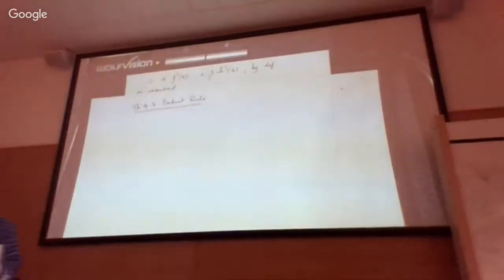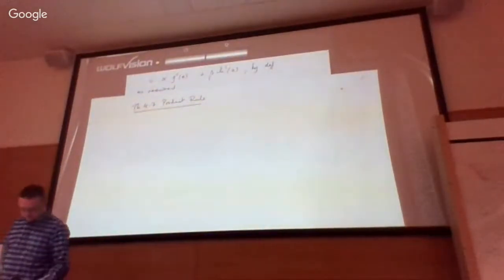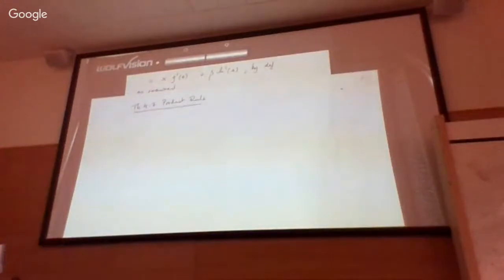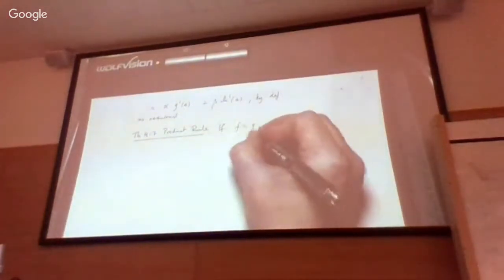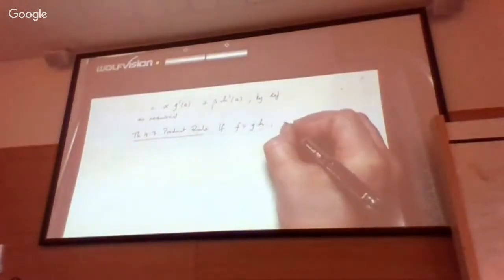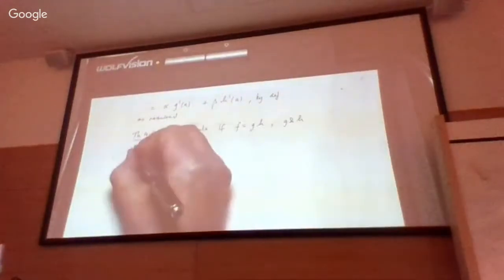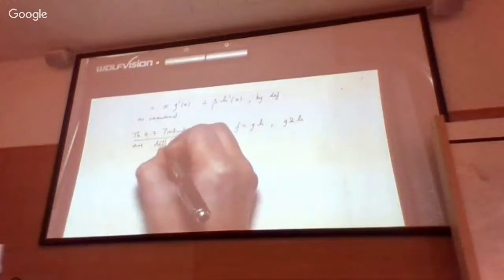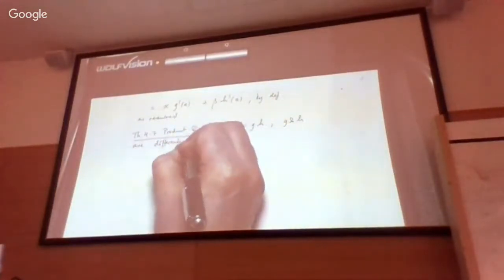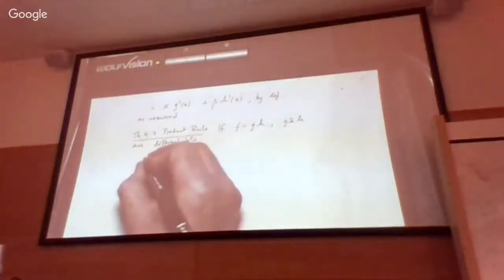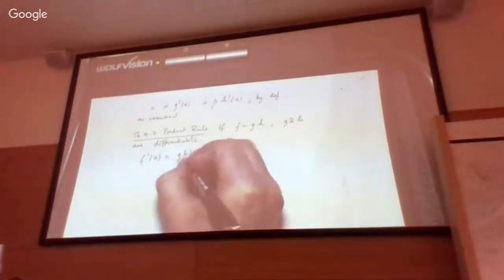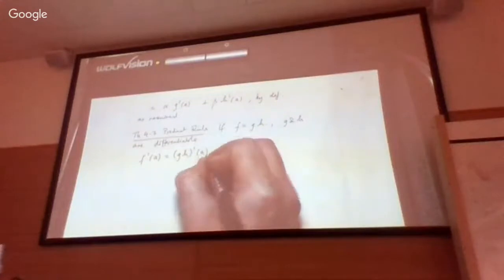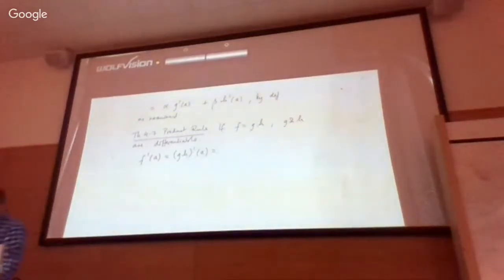So we're on the lookout for it here in our context of differentiation. So if f is a product of functions g and h, and g and h are differentiable, then f prime at a, which is equal to the derivative of g times h at a.